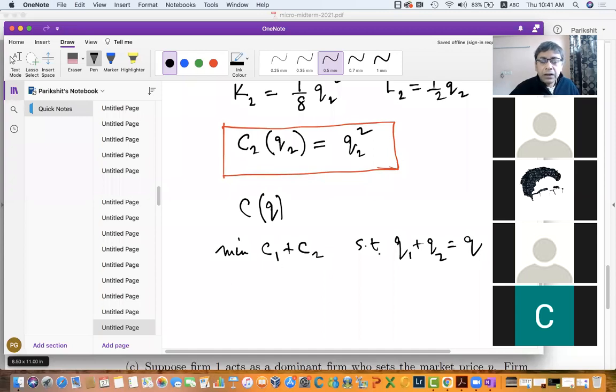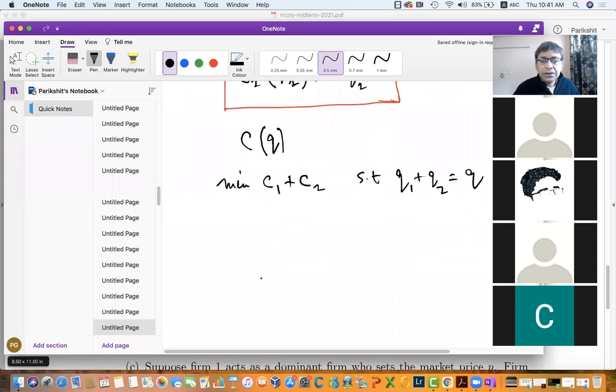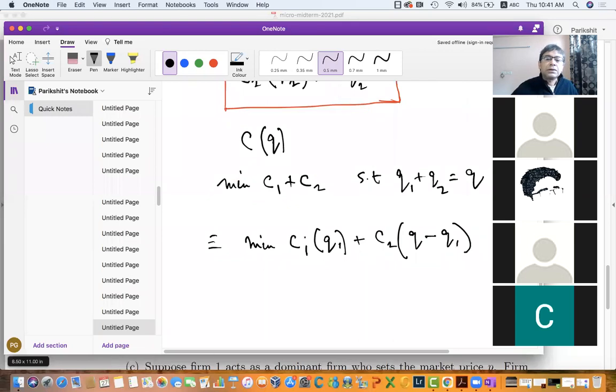And we can convert this constrained optimization problem into an unconstrained problem in the following manner: minimize C1 as a function of Q1 plus C2, just replacing the constraint with Q minus Q1. Here the choice basically becomes Q1. The residual amount is produced in the other factory.